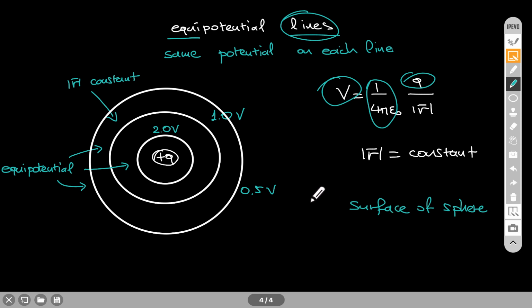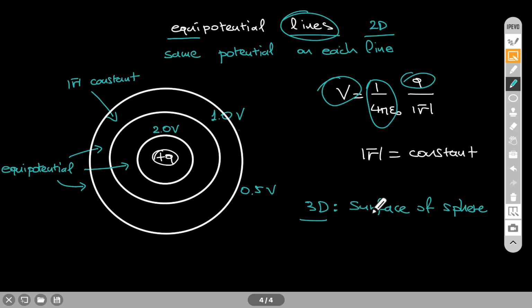If you want to generalize this, which is in 2 dimensions, to 3 dimensions, then you're really looking at the sphere, and in particular the surface of that sphere has the same potential everywhere, because by definition, the way you define a sphere is by maintaining a constant distance from the center. That surface gives you one equipotential surface.